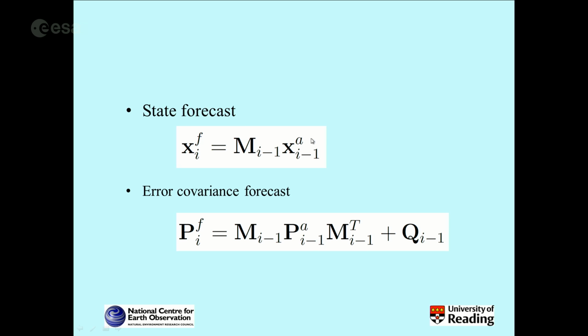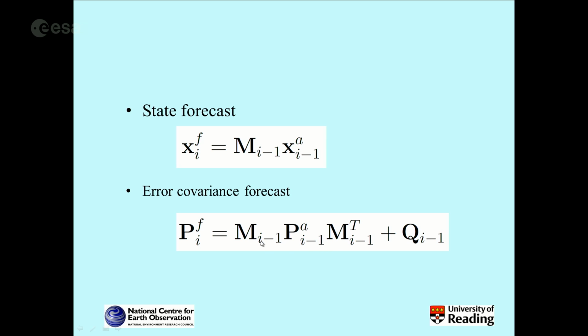So to find my next prior, I just take my analysis and use my model, my standard model, to get my forecast. And again, it turns out if I want to forecast the uncertainty, I need to take the analysis uncertainty, and this is the equation for the prior forecast uncertainty. If we have no model error, then this Q disappears.